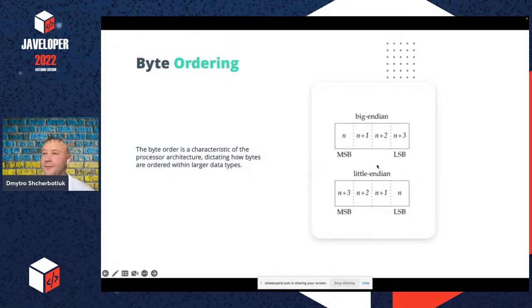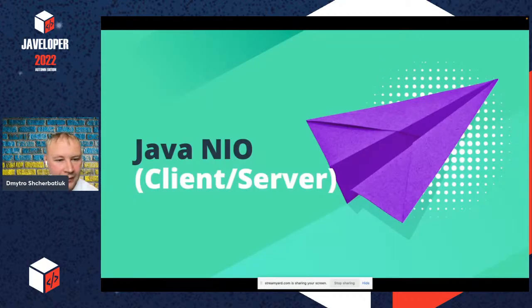If we have the client and server on our local machine, it doesn't matter how we read these bytes, but if the client and server are on different machines, it can be confusing and our data can be broken.